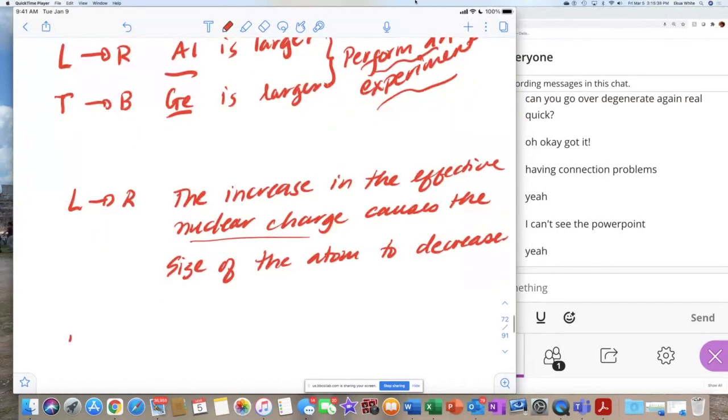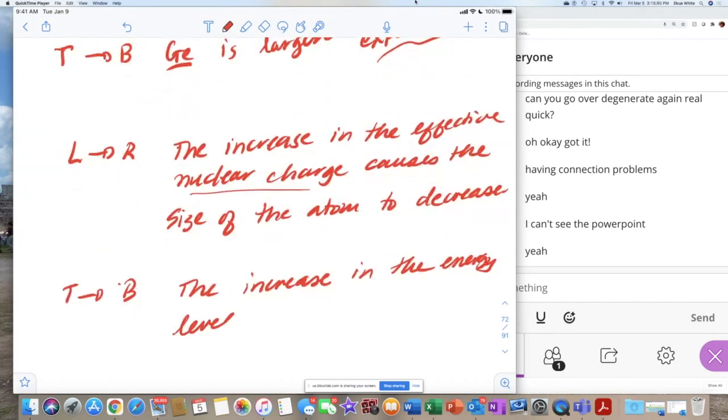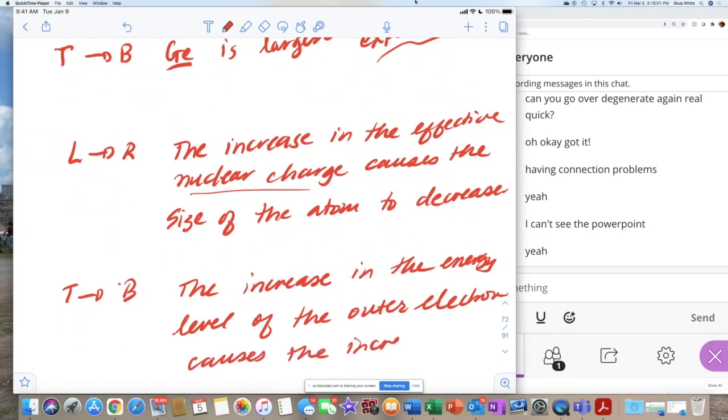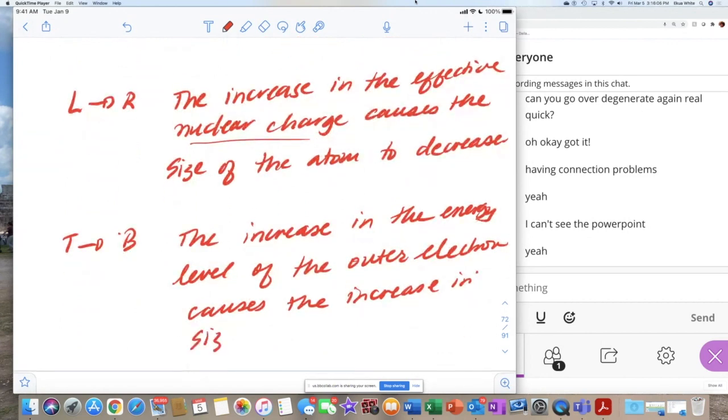And then of course, from top to bottom in the same group, the increase in the energy level of the outer electron causes the increase in size of the atom.